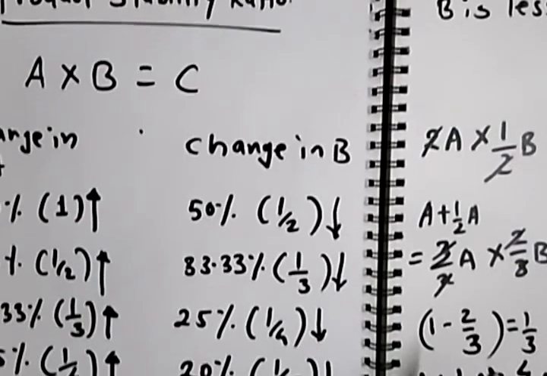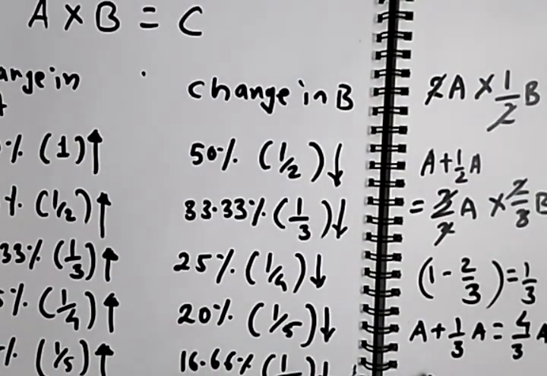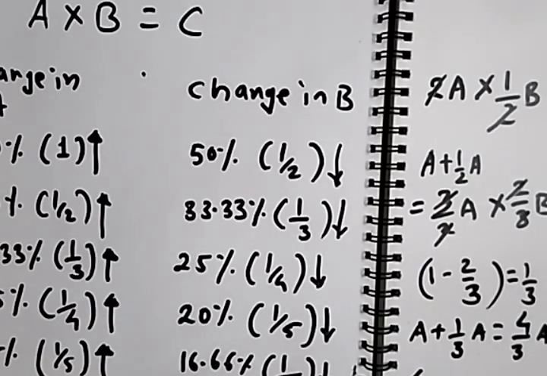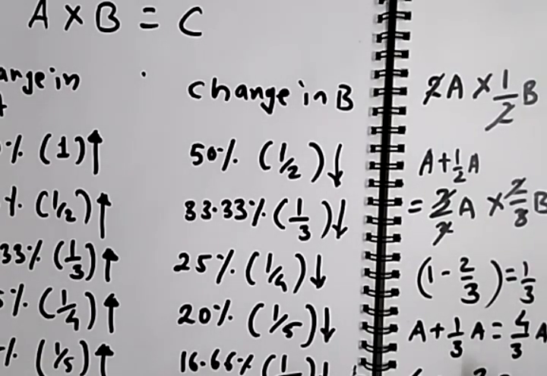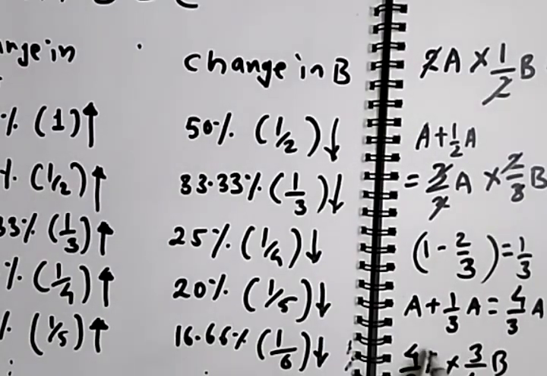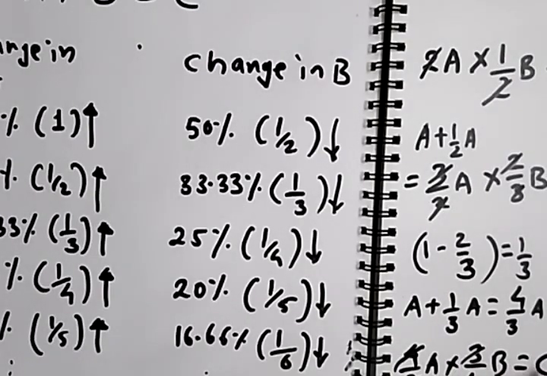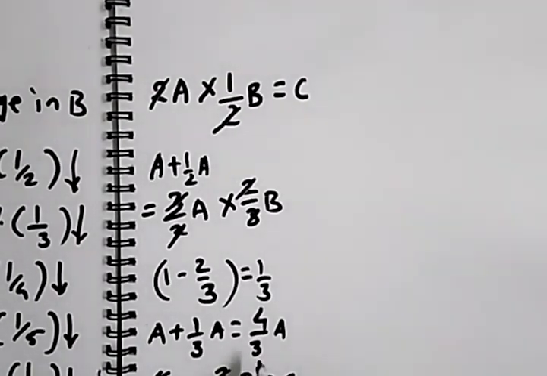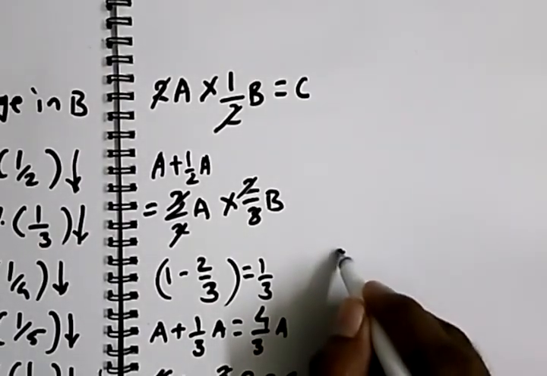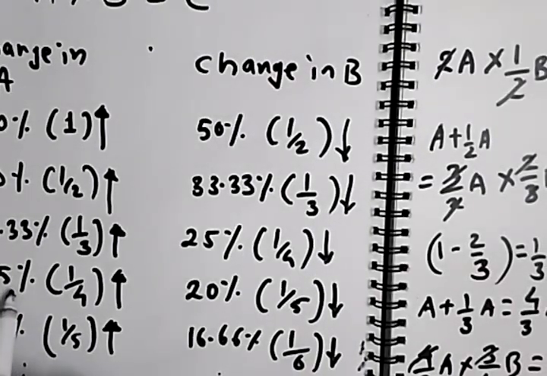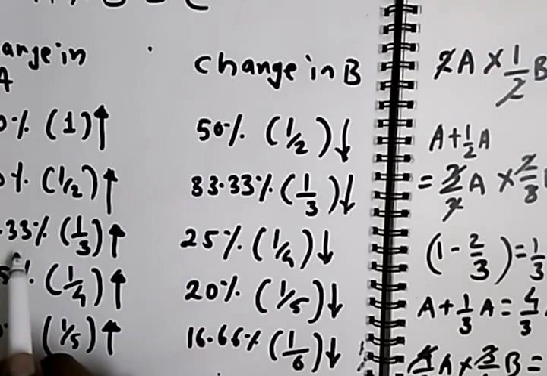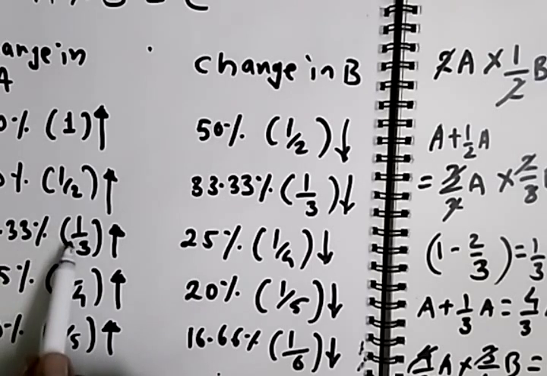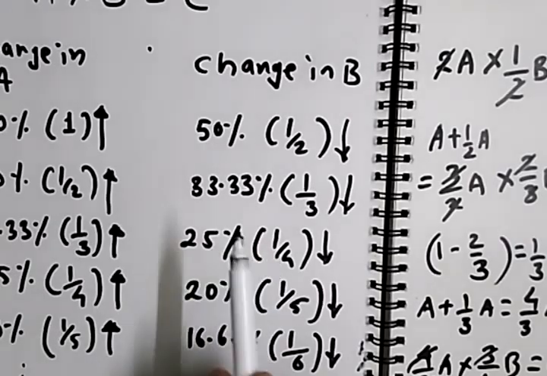So if your A is becoming 4 by 3A, your B will become 3 by 4B, so that this 4 will cancel this 4 and this 3 will cancel this 3 and you will get A into B equal to C. That means if you increase your A by 1/3, or 33.33%, you will have to decrease your B by 1/4 or 25%.